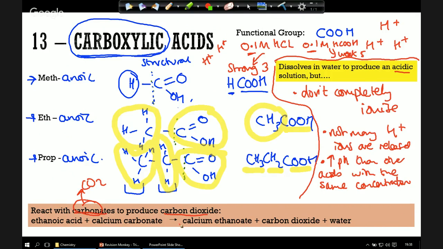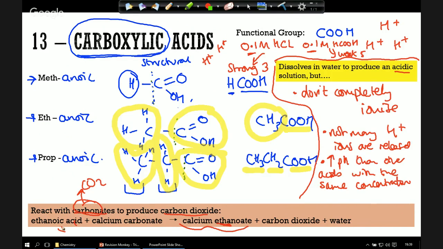The only thing I want you to take away from this is the fact that the salts are slightly different. If you remember from salts, from sulfuric acid making sulfates, nitric acid making nitrates, hydrochloric acid making chlorides, for example, the salts are written slightly differently for carboxylic acids. For example, you've got ethanoic acid plus calcium carbonate making calcium ethanoate plus carbon dioxide plus water.